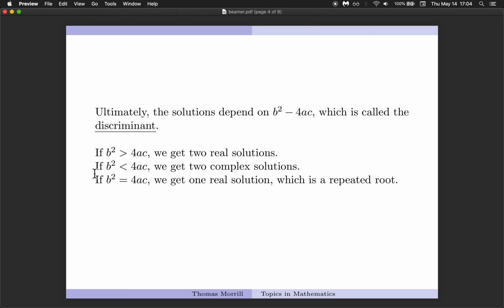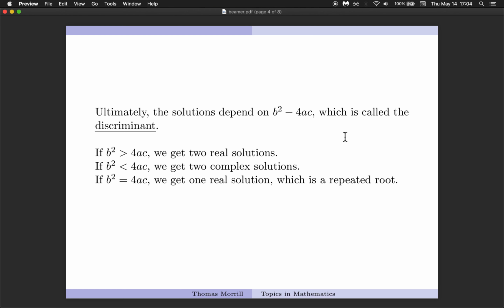Another possibility is that b squared could be less than 4 times a times c. So in that case, b squared minus 4ac will be negative, and I'm taking the square root of a negative number. And that puts me back in the world of complex numbers. So I cannot square a real number and get something negative.